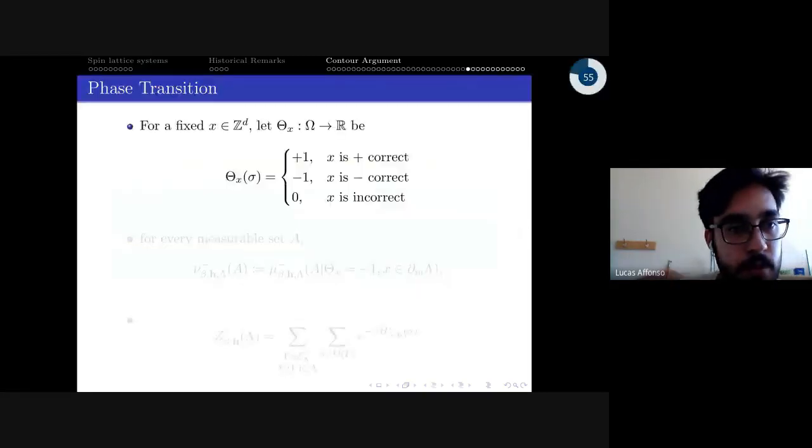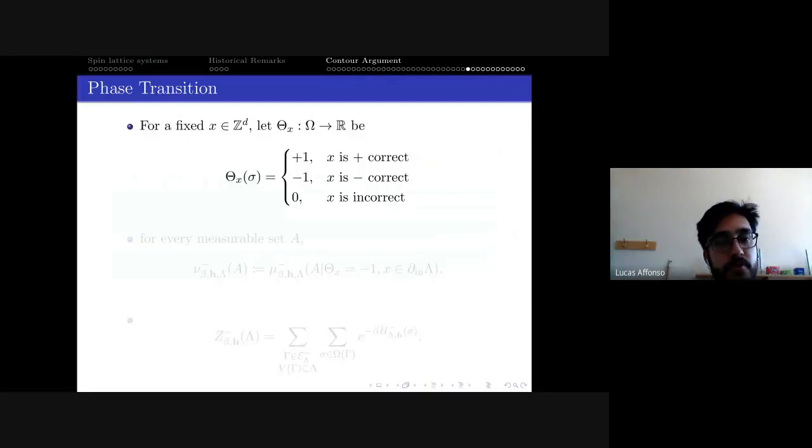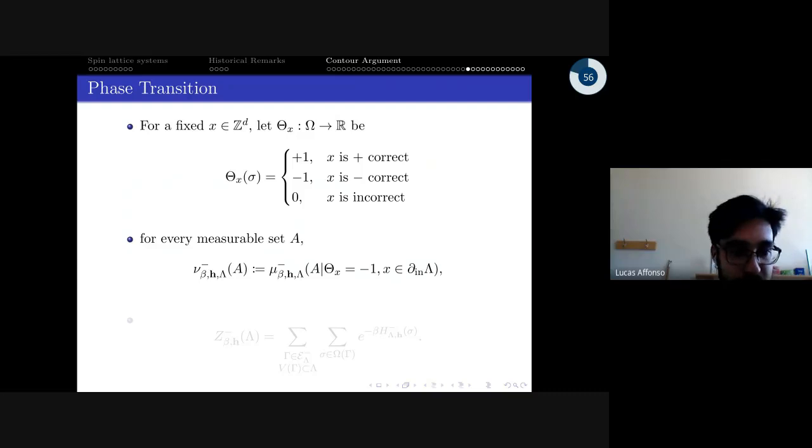Okay. So for the phase transition, first we need to define this function, this theta x sigma, that just says if the point x is plus, minus, or incorrect for a configuration. And we introduce this new measure that is just the usual finite volume Gibbs measure conditioned to the event of its boundary being minus correct. Why this?